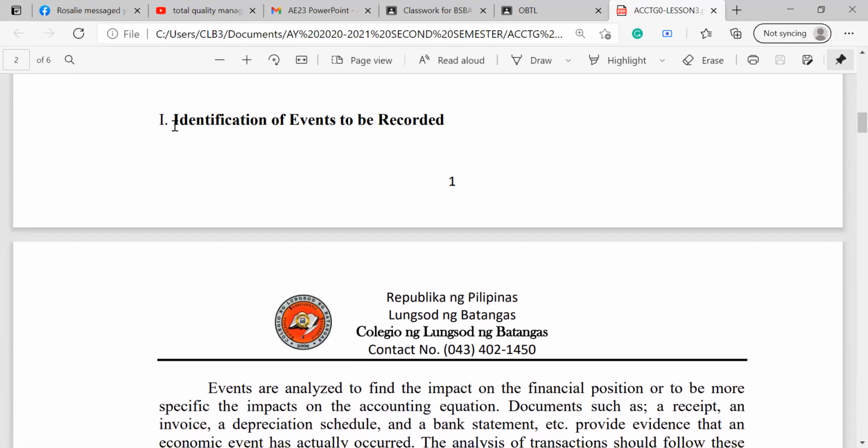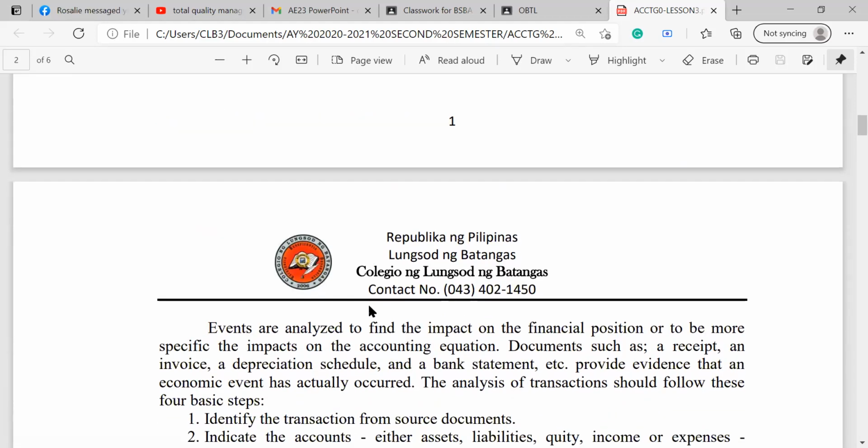Yung mga events and transactions na nangyayari sa isang business, ina-identify mo at ina-analyze mo, whether meron ba siyang epekto sa financial position ng business or impact sa accounting equation. And of course, alam natin, ang ating accounting equation, asset is equal to liabilities plus owner's equity.